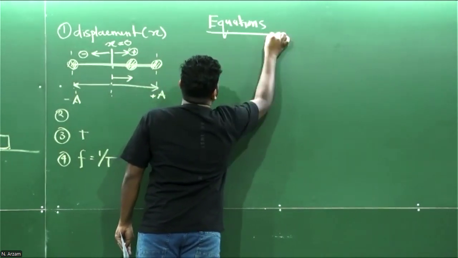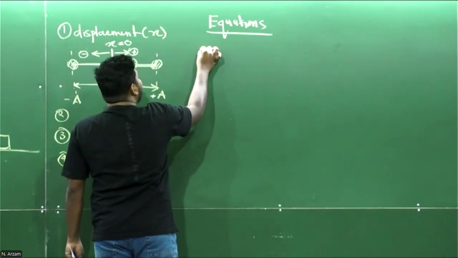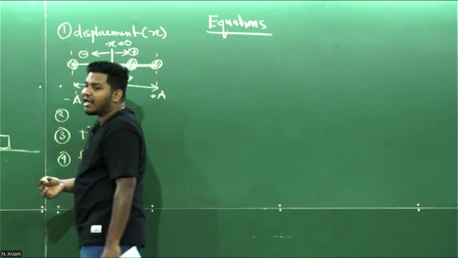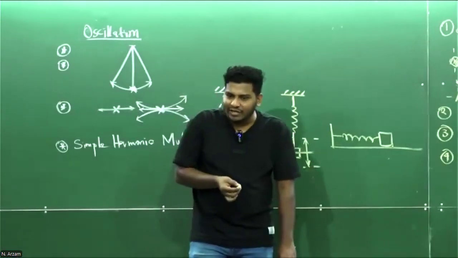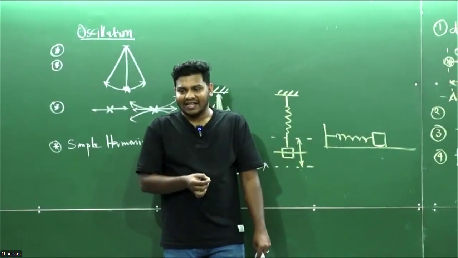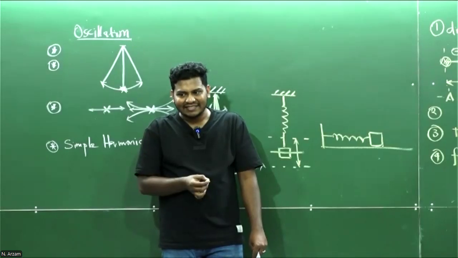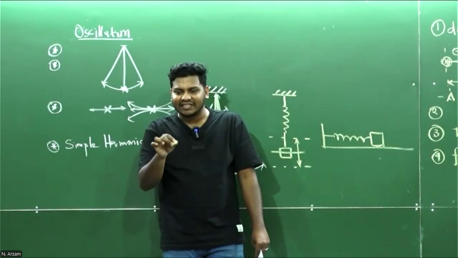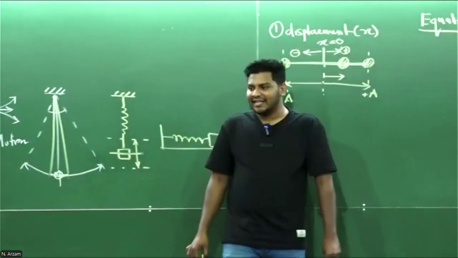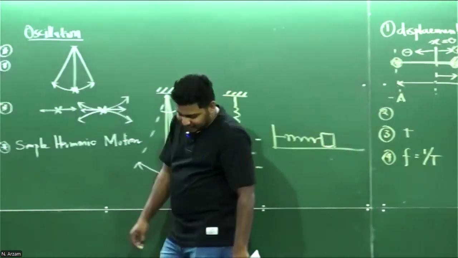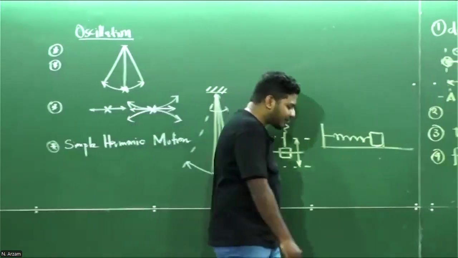Simple harmonic motion equations. Can you tell me, guys, what are the equations we studied in our last class? What is the equation for the displacement? X is equal to, can you remember? Take out your notes and check the equations.